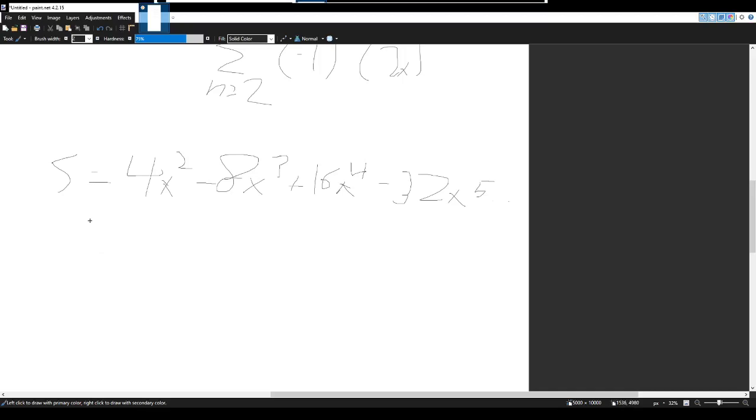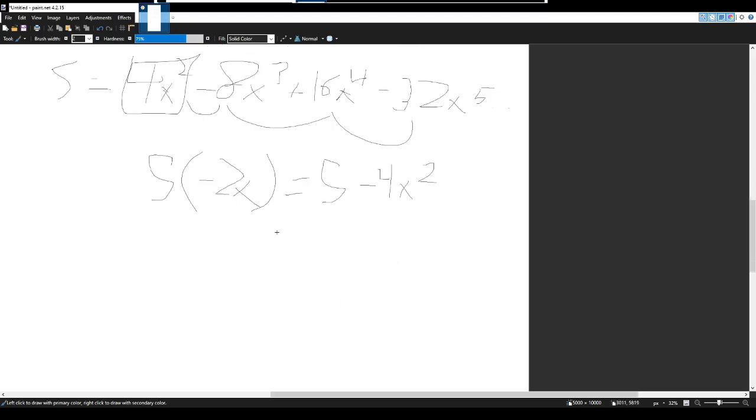If you take s and multiply by -2x, this term turns into the next term, this term turns into the next term. So you get the whole thing shifted, missing the first term. So if you multiply by -2x, you get the original sum minus that first term.